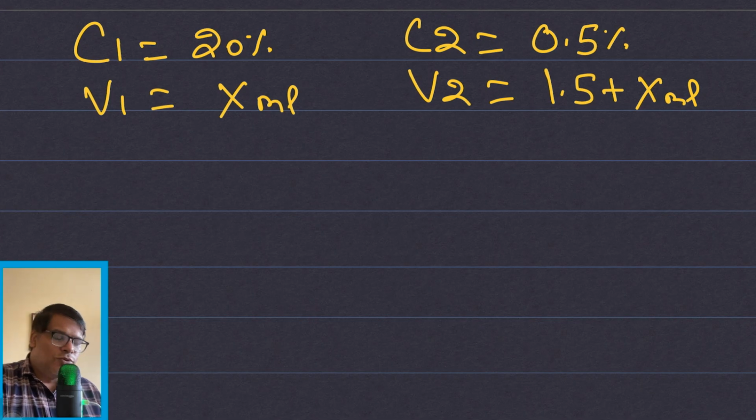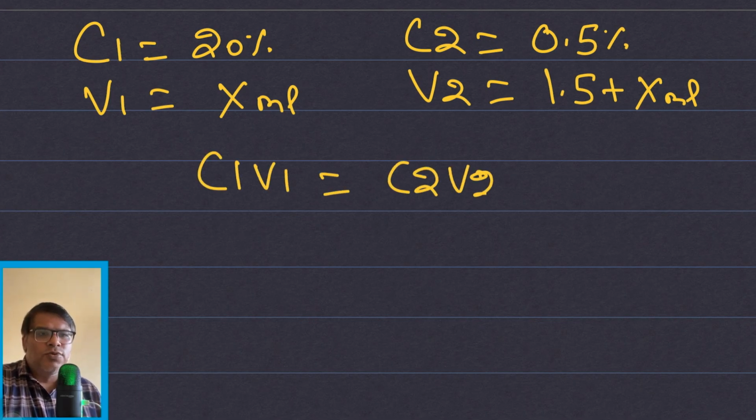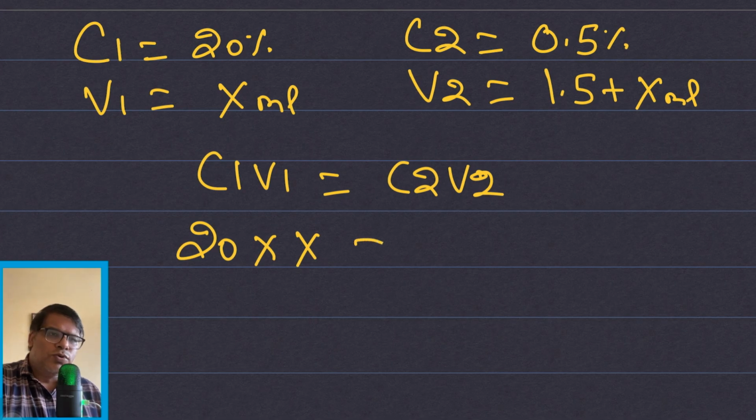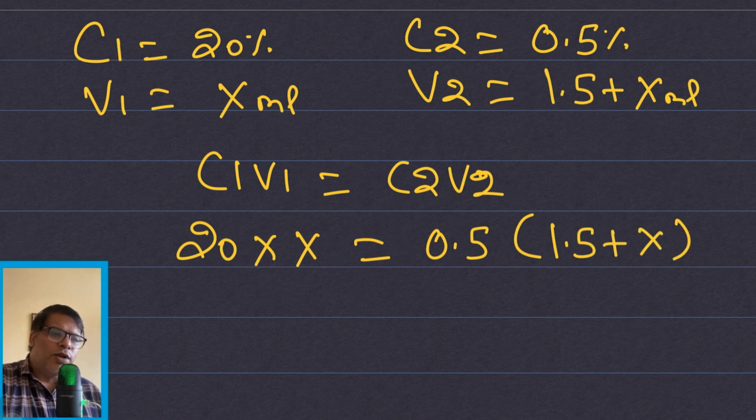Now you solve this. Put 20 into X ml, is equal to C2, 0.5%, times V2, which is 1.5 plus X.